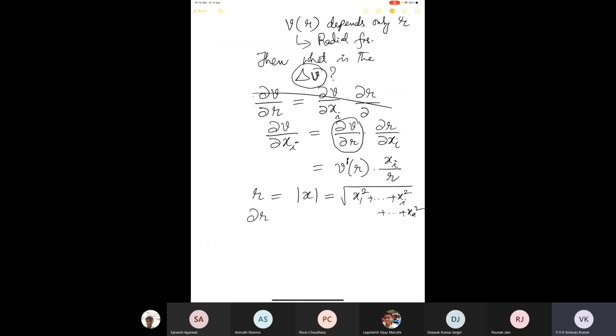When you differentiate r with respect to xi, this is 1 upon 2 square root, and the differentiation falls on the inside, giving twice xi. So this is xi upon r, because this is r. Here we substitute in place of del r upon del xi.